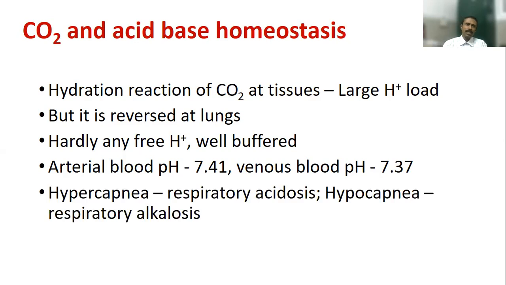It's only in the pathologic condition, when the carbon dioxide is not getting eliminated or there is increased synthesis or whatever is causing hypercapnia, that these physiological mechanisms are overwhelmed, the buffering capacity is overwhelmed, and that gets reflected in the form of respiratory acidosis. On the contrary, if the carbon dioxide levels are lower, we would have respiratory alkalosis.